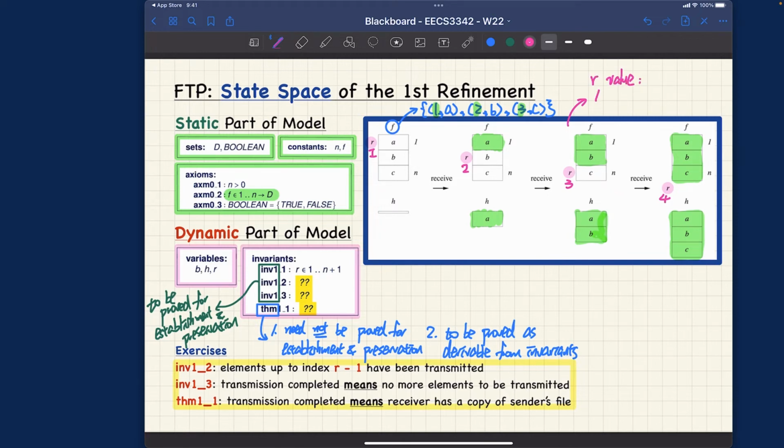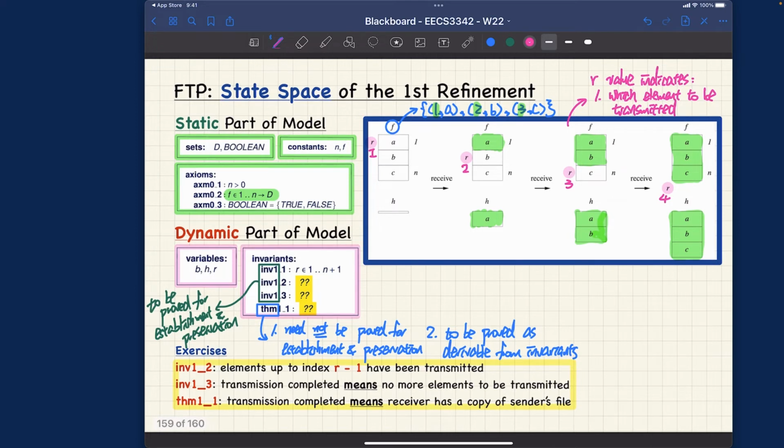There are two purposes. The r value indicates two things. Number one, which element is to be transmitted, but not yet.